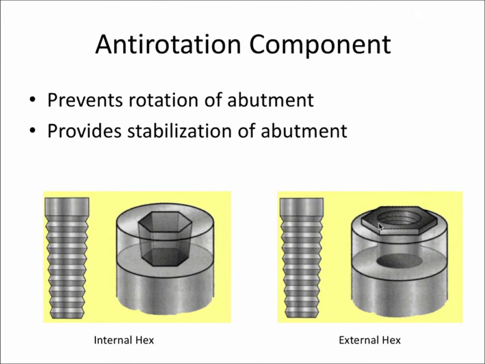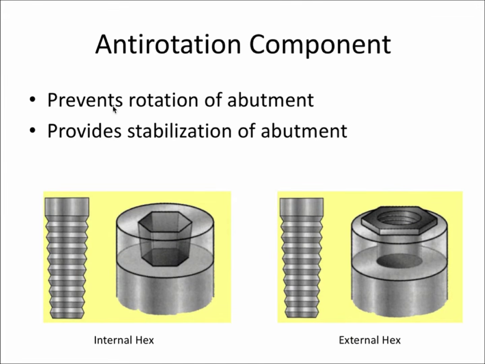Here's an external hex, which shows a similar index, but this time this hexagon is going to lock into the abutment in this direction. This way, the abutment is going to lock down into the implant body. But both of these are providing the same objective: to prevent rotation of the abutment and to provide stabilization of the abutment.